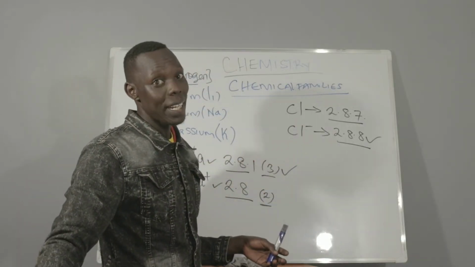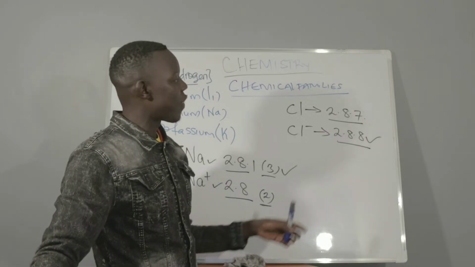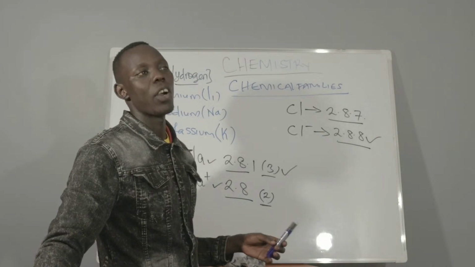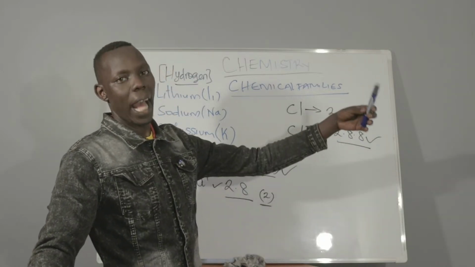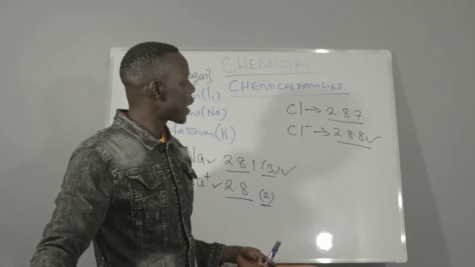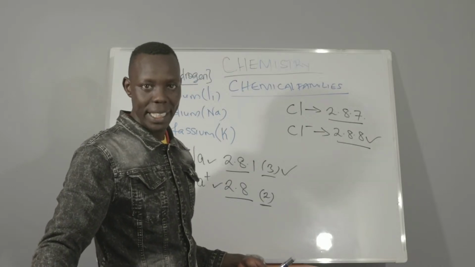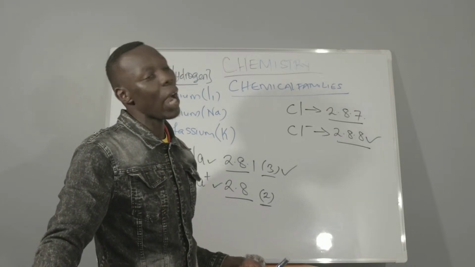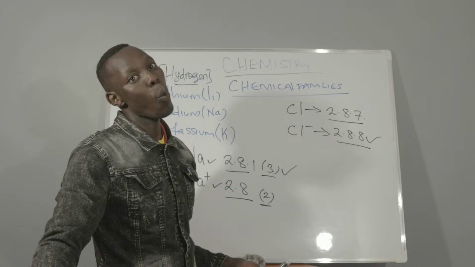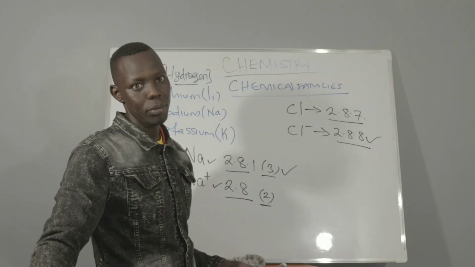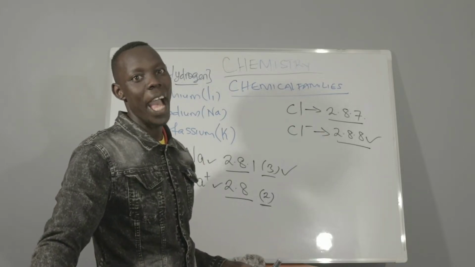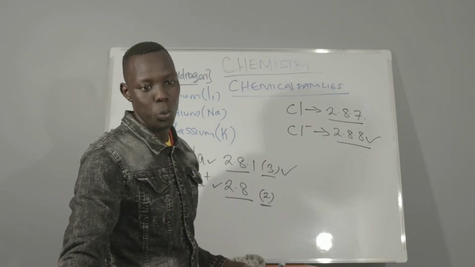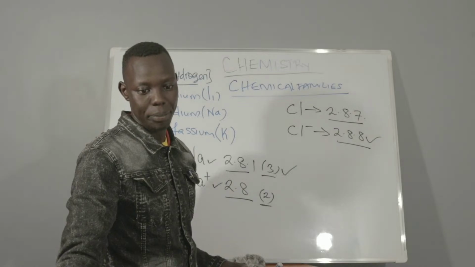There would be a repulsion between the already existing electrons and the electrons gained from another atom. Then the outermost energy level would move far away from the nucleus, making the ionic size larger. If you have understood, tell me yes. Tumeelewana?